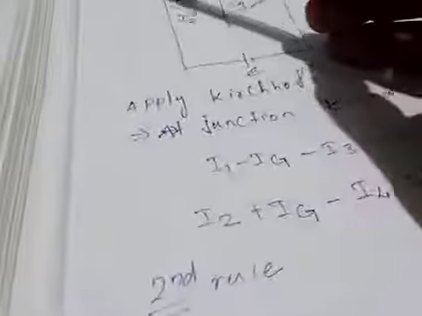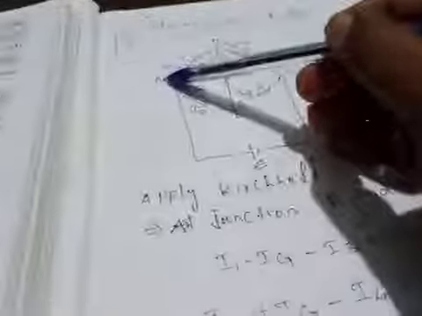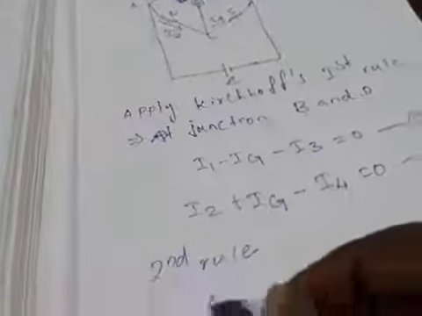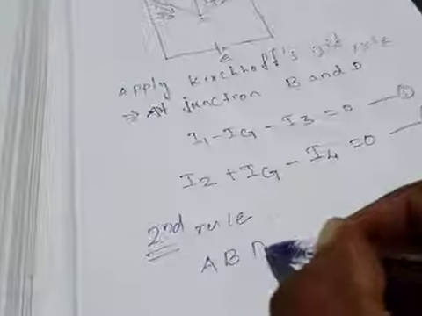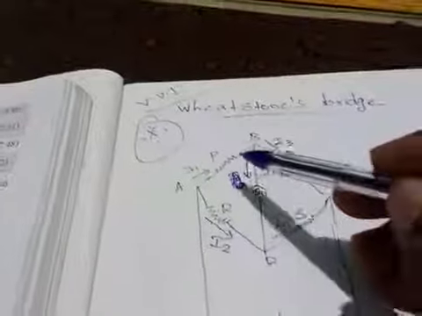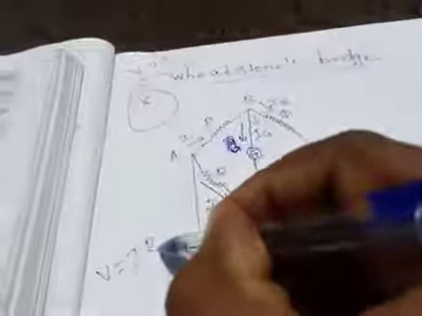Here the closed circuit is A, B, D, A. So first apply the Kirchhoff second rule to the closed loop ABDA, where V is equal to IR format.